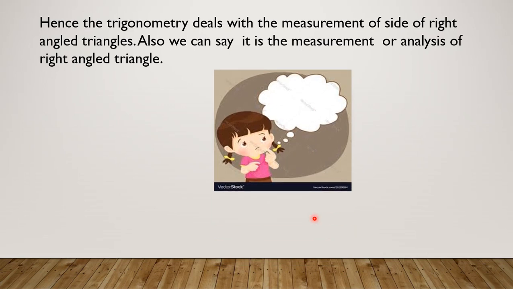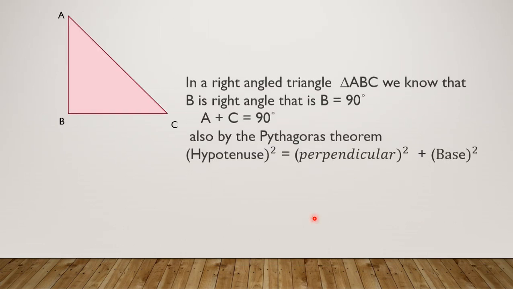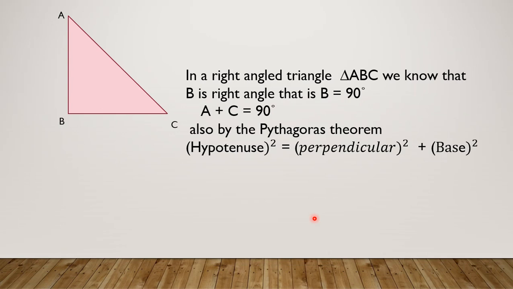So the question arises, what type of measurement? In this chapter we are going to develop the relation between the angles and the sides of the triangle. Let ABC be a triangle right angled at B, so B is 90 degrees.